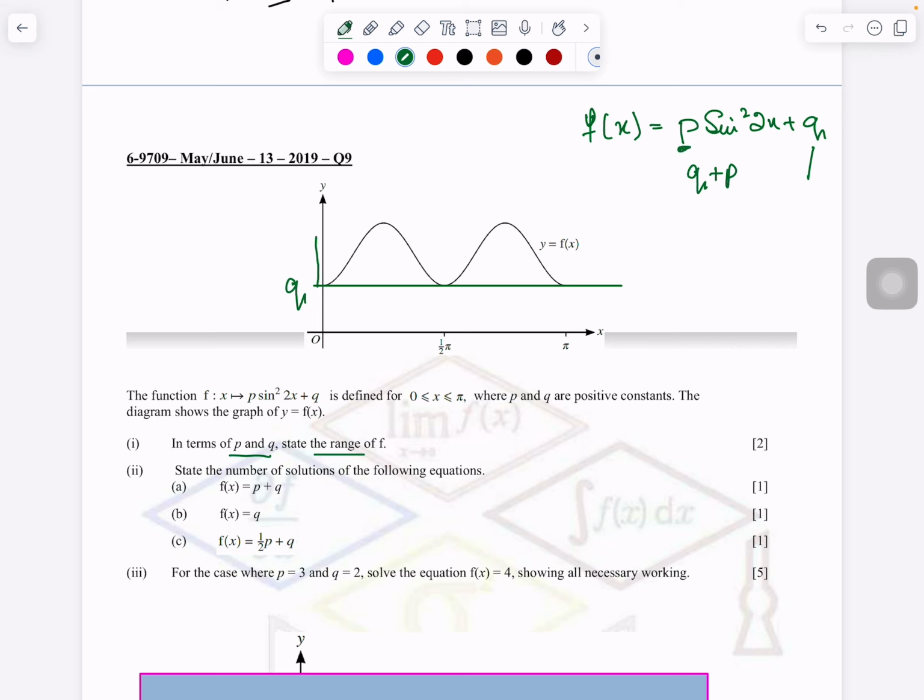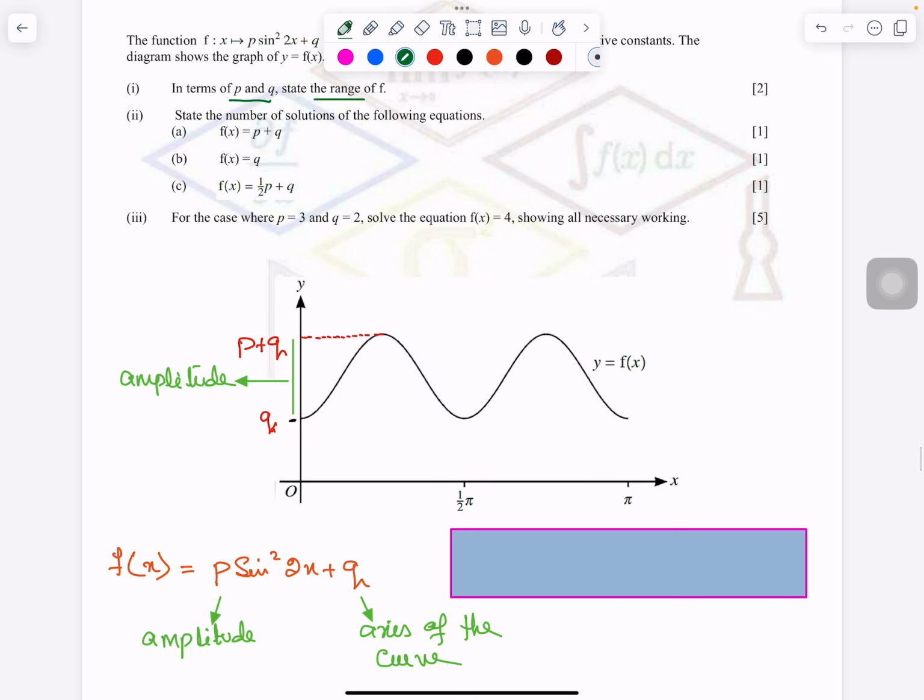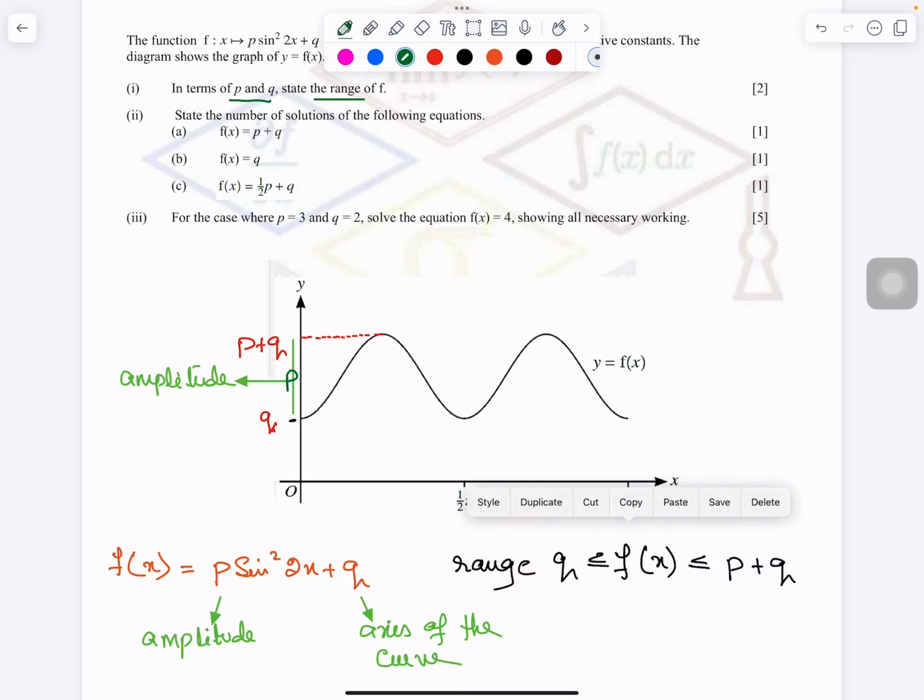So if it is p units up from here, then this point will be q plus p or p plus q. Agreed? So the range will be from q to q plus p. So I have drawn here neatly for you. You can see here, I have written also here, so that you have no confusion. So this is your amplitude. Agreed? So when you have to write down the range, you will write from q to p plus q.